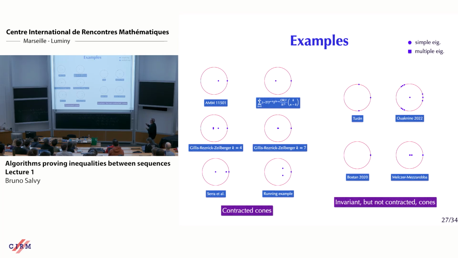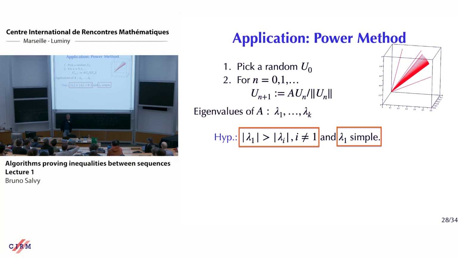All the eigenvalues are double. There's one that dominates and 2 inside. And again, no contracted cone, but an invariant cone. So this is the first thing we do when we have an example. We look at the eigenvalues and check the picture. An application of this result, let me go back to the theorem.